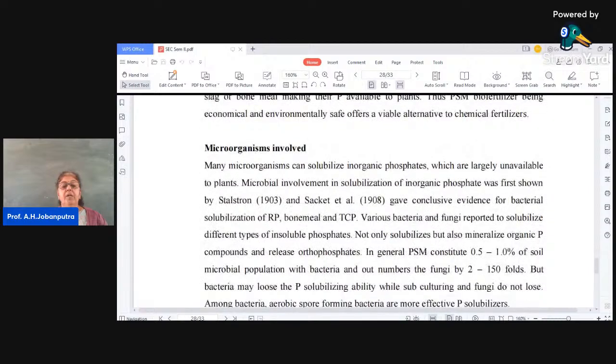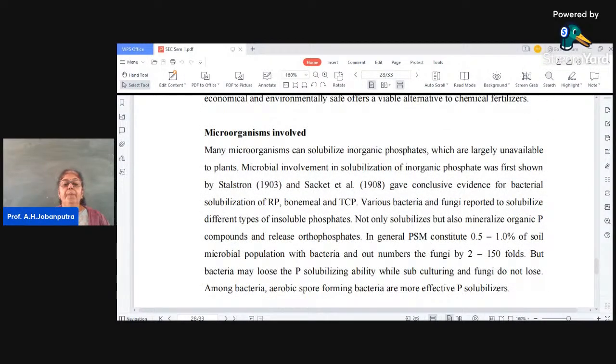It can also help in the growth of the crops. So many organisms can solubilize the inorganic phosphates which are largely unavailable to the plants, and this solubilization of inorganic phosphate was first shown by Stalstrom, Sackett et al.